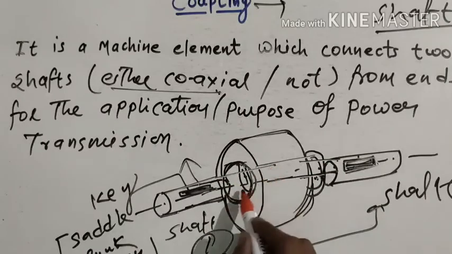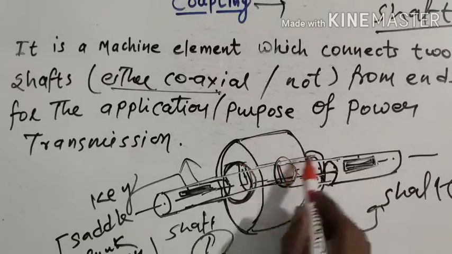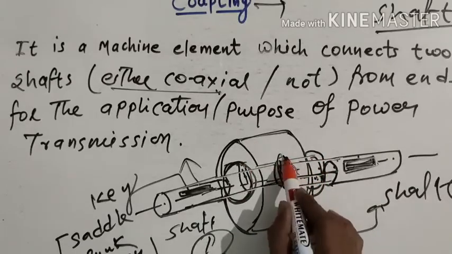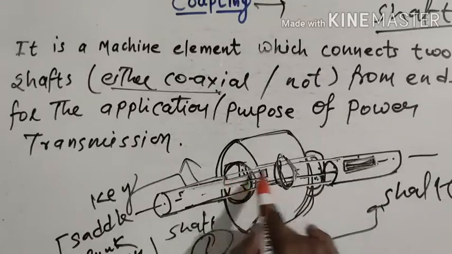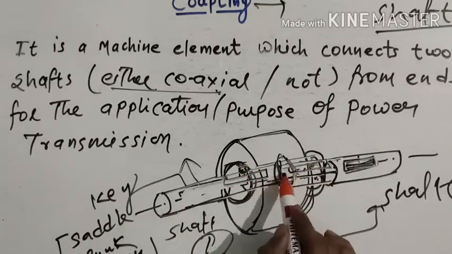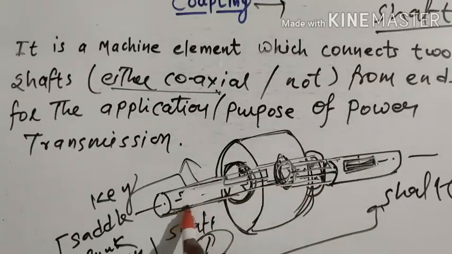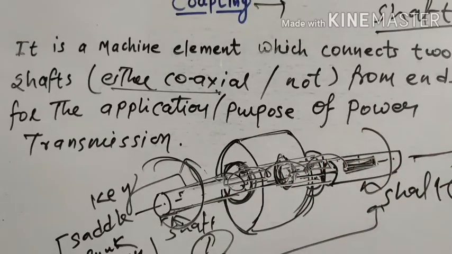Because of friction and the keys locking the hubs, both shafts are connected with each other, and when power transmission starts from this shaft, if it rotates clockwise, the same rotation continues in the other shaft. So this is the main application of the coupling.